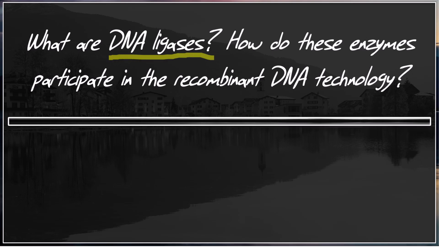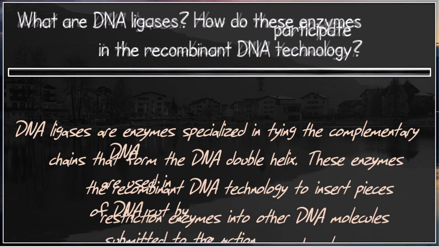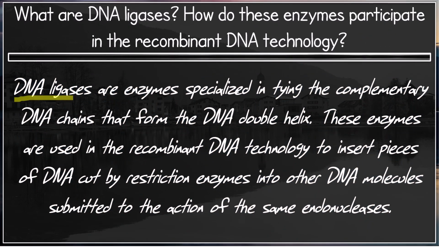What are DNA ligases? How do these enzymes participate in recombinant DNA technology? DNA ligases are enzymes specialized in tying the complementary DNA chains to form the DNA double helix.